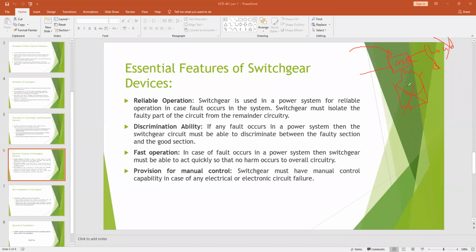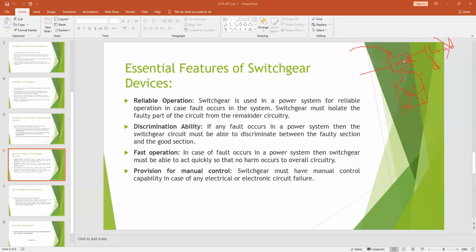For some reason, if failure in automatic tripping happens, then you have to have some manual operating principles or manual control. Through that manual control, you can manually turn off the circuit breaker. That means a backup arrangement will be there.